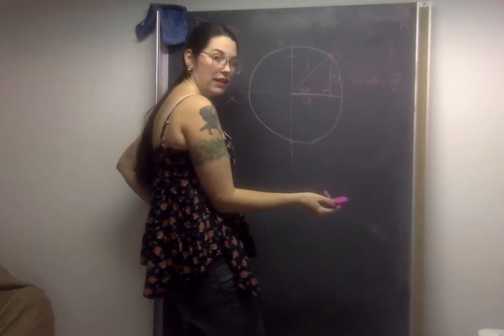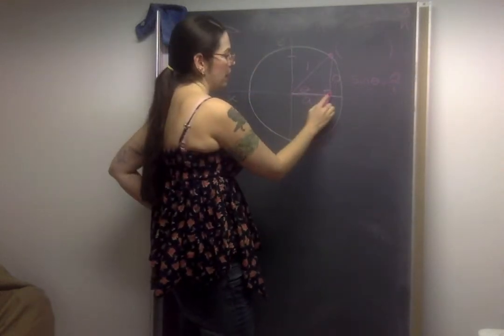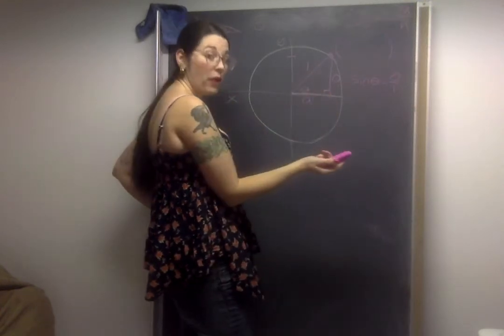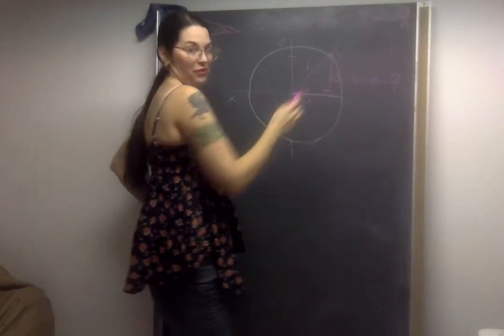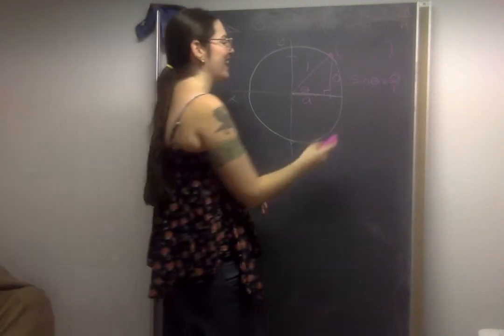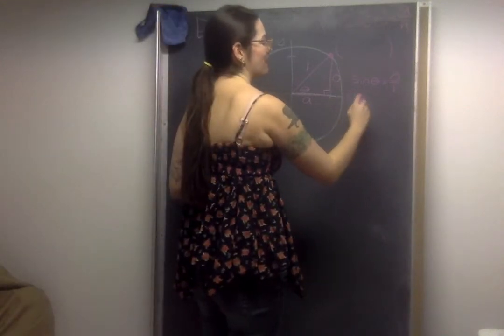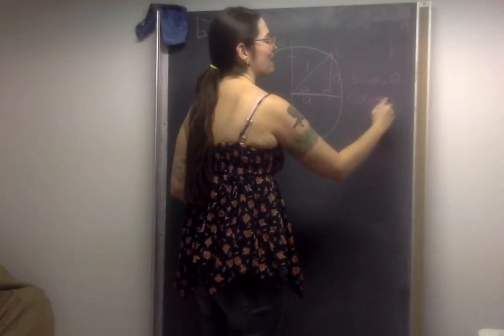The cosine of theta would be the adjacent over 1. We're just replacing h with 1, okay? There's no rocket science going on here. Forgive me if I'm being a little slow.